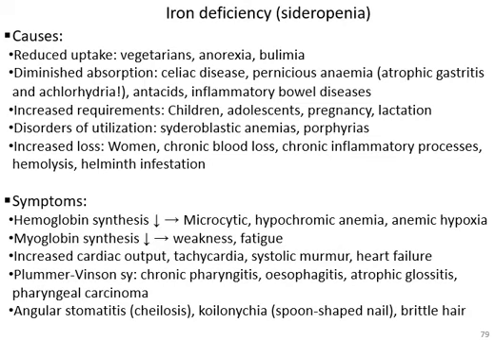Altogether, due to hypoxia, it will lead to increased cardiac output, tachycardia, systolic murmur, and ultimately heart failure. Due to dysplasia of the ectodermal tissues, pharyngitis, esophagitis, atrophic glossitis, and even pharyngeal carcinoma can develop. In the skin, you can see angular stomatitis or cheilosis, koilonychia, spoon-shaped nails, and brittle hair.